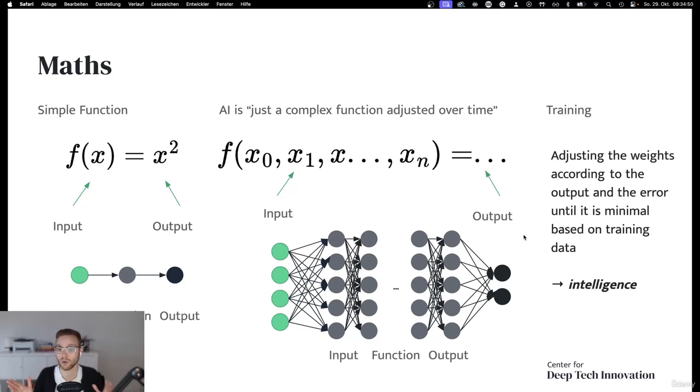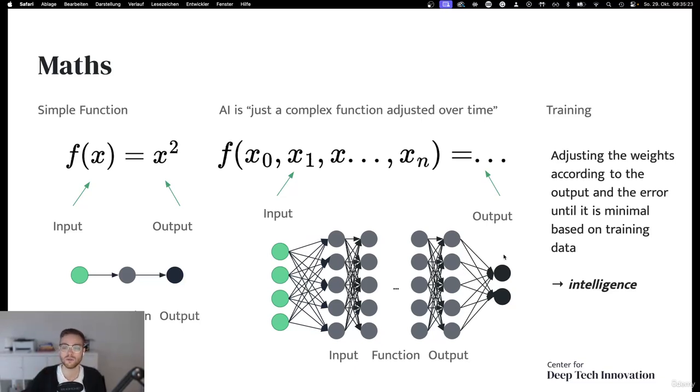And then you compare the output that your deep neural network produced for you with the output that you know is actually true. And based on the difference between them, you have what we call an error. And there is a set of algorithms called backpropagation, where you can basically retrain and rebalance the weights in your network to minimize the error, so that the next time you make this calculation, this evaluation of the neural network, the error is smaller.